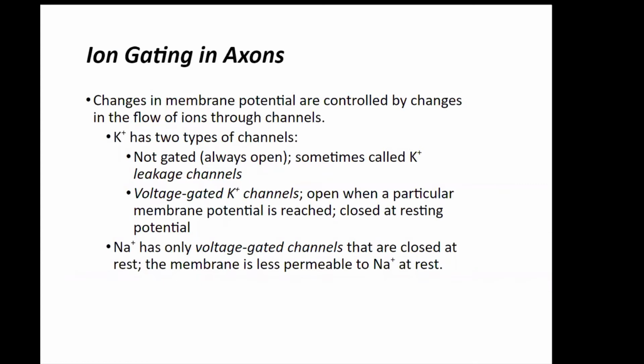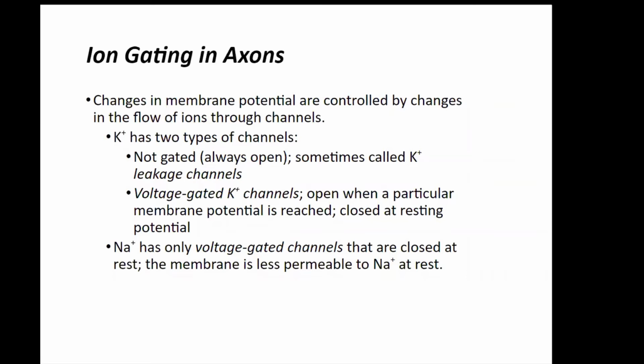So when we're talking about changes in the membrane potential, we're always talking about changes in what ions are flowing. That's how we change the membrane potential. That's how we produce voltage in the cell. That's how we track charges. So we're always, always, always secretly talking about membrane permeability to ions, even if what we have in front of us is a picture of the membrane potential, a picture of the charge.